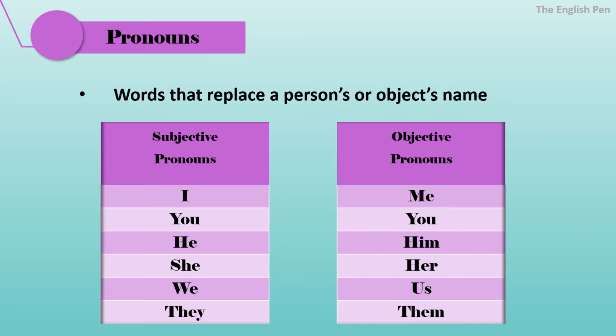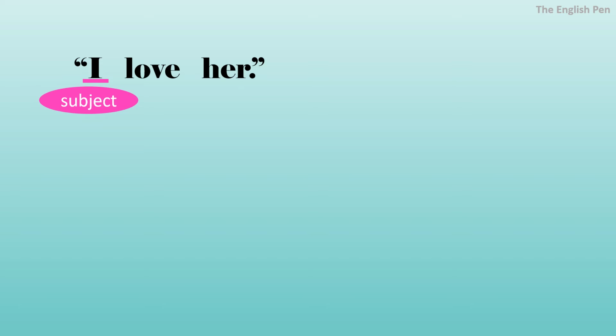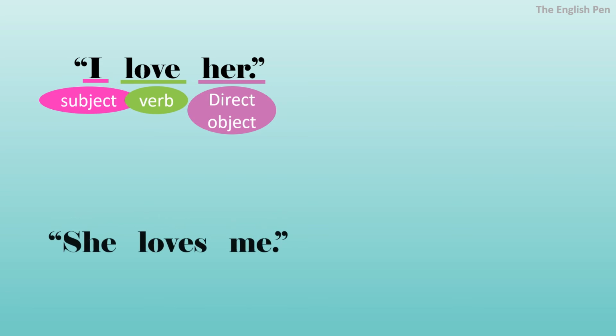For example, take the sentence, I love her. I is the subject, love is the verb, and her is the direct object. Notice how I is in its subjective form, and her is in its objective form. However, if we were to switch the two pronouns, the sentence becomes she loves me.